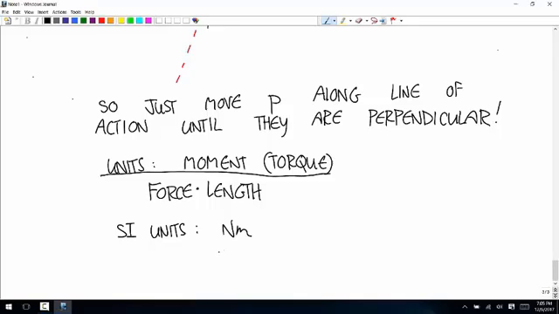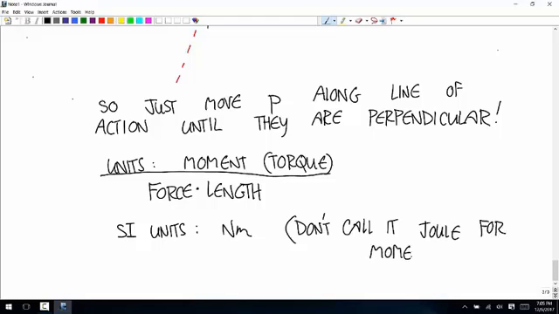Even though we could call this a joule, we call this a newton meter so that we don't get confused and think that it's energy. Don't call this a joule. It's not a type of energy.